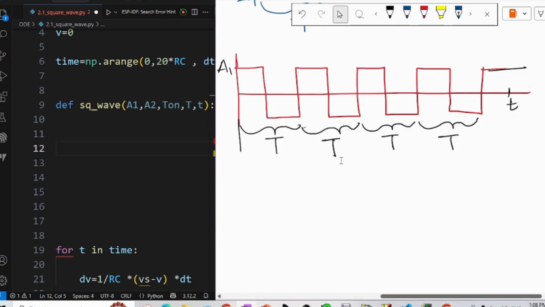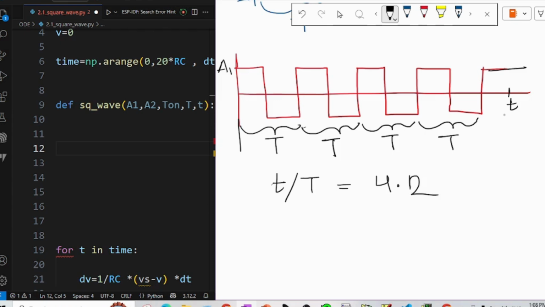So first we need to find how many capital T's have been used here, and to find this we will simply divide t by capital T. Here it is 4 T, right, 4 capital T's, and you also have a small portion here, so you will get 4.1 or 4.2 something, but we only need 4.